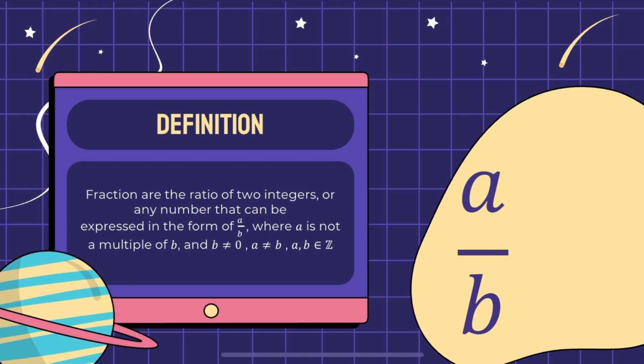Fraction can be expressed in the form a over b, where a is the numerator and b is the denominator.